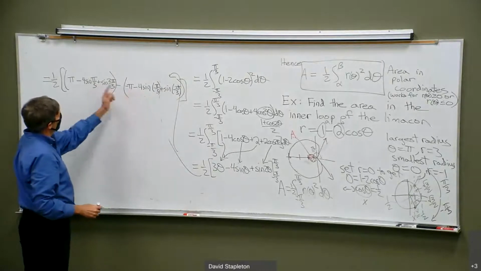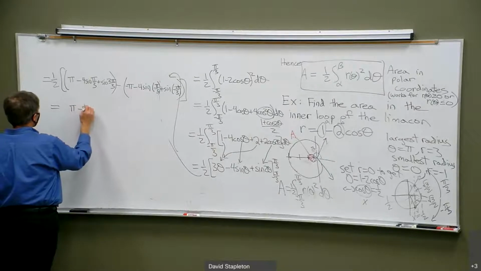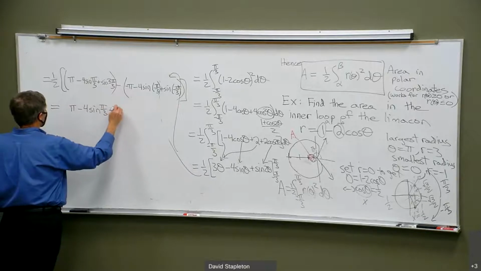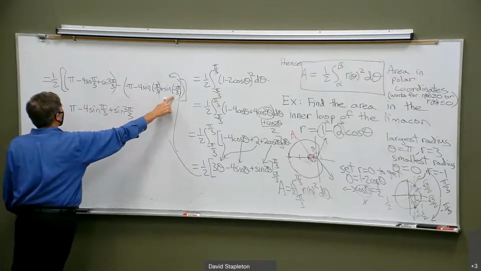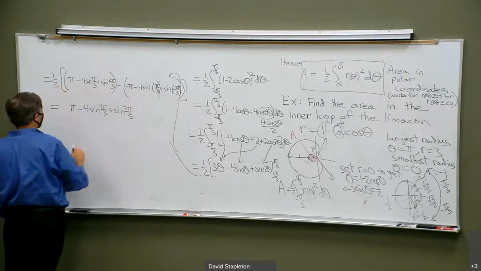These double each of the quantities. What we really wind up with then is pi minus 4 sine pi over 3 plus sine 2 pi over 3. This one is minus this one, so when you subtract it, you get 2 of this one, and that gets rid of the 1/2.